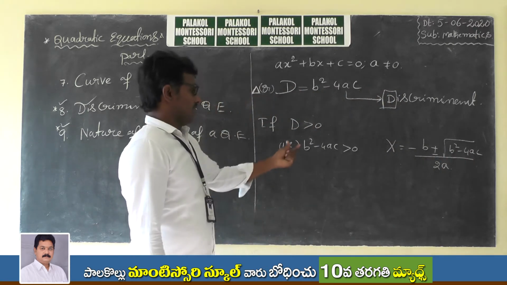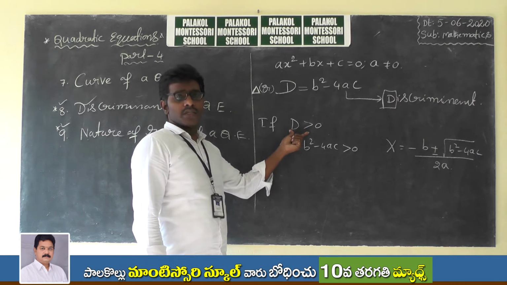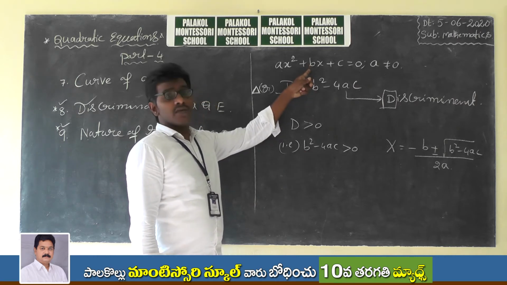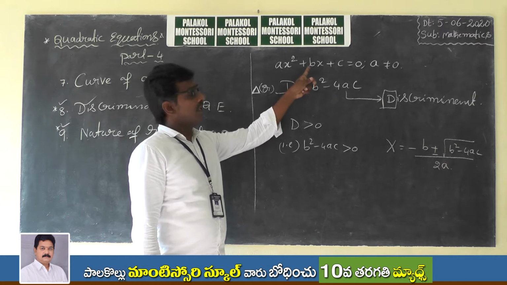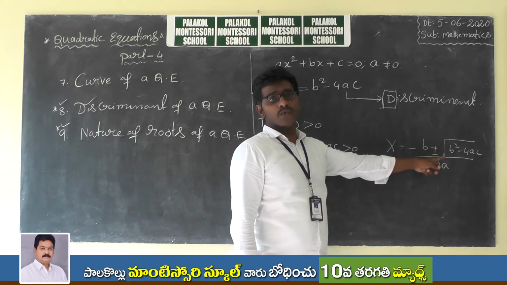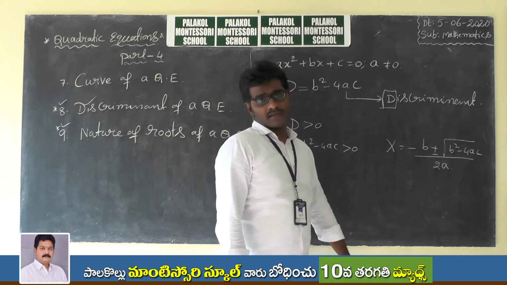Once again, if D is greater than 0, that means b square minus 4ac is greater than 0, in that situation this quadratic equation has 2 roots, x is equal to minus b plus or minus root of b square minus 4ac by 2a.